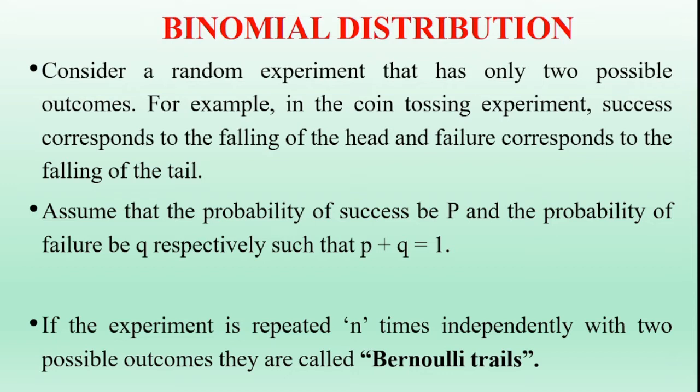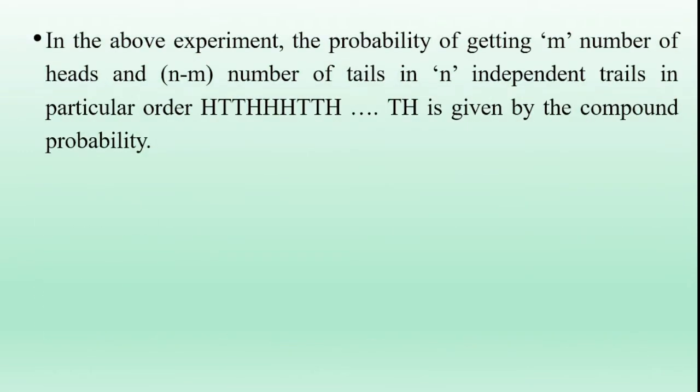In this experiment, the probability of getting small m number of heads and n minus m number of tails in n independent trials in a particular order, that particular order being head, tail, tail, head, head, head, tail, head, and so on, is given by the compound probability.